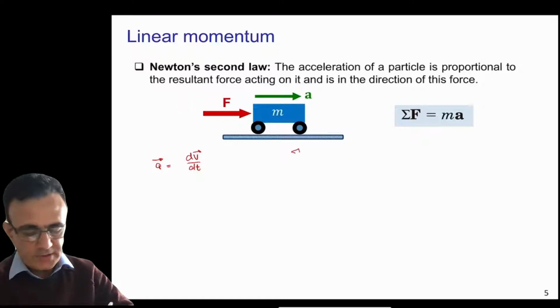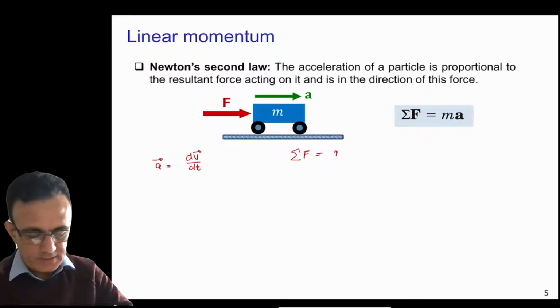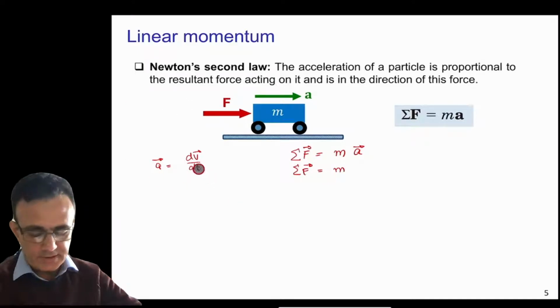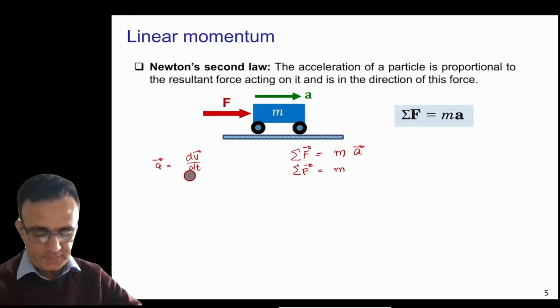So we can write Newton's second law, the summation of all the forces equals ma, as the summation of all the forces equals m times dv by dt.